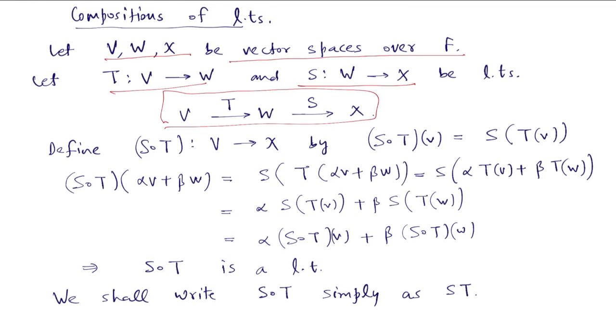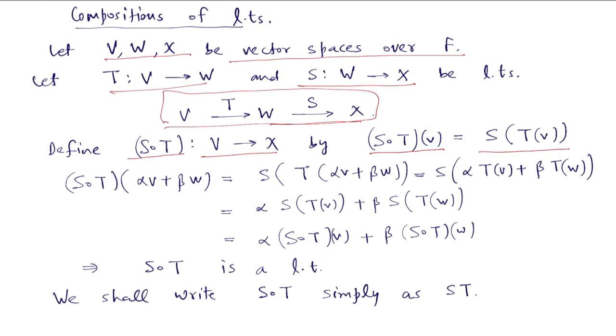T is from V to W and S is from W to X. So we can define composition of T and S as a mapping. So S composition T will be a map from V to X, which is defined by S composition T of v equal to S of T of v.